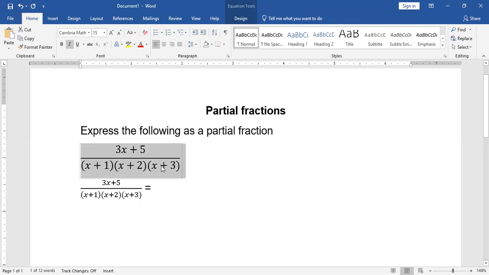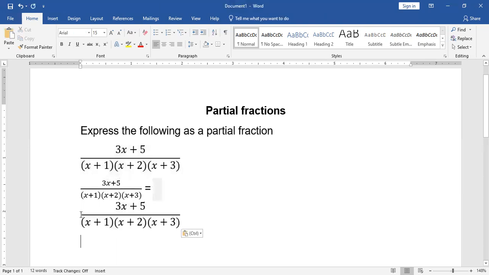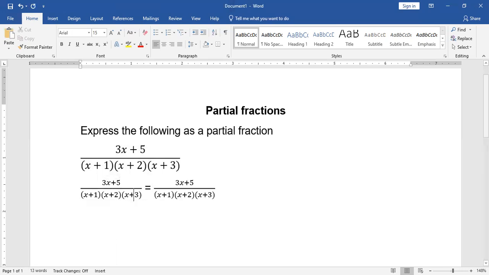So we are going to separate this into 3 parts based on the denominators there. There are 3 denominators there.